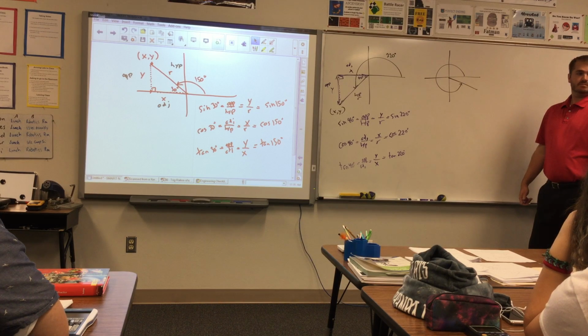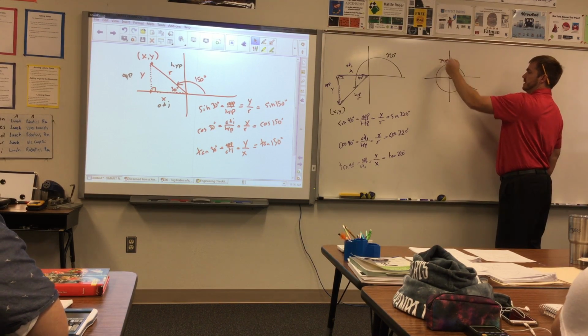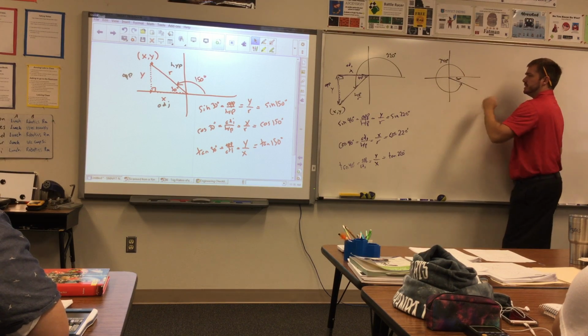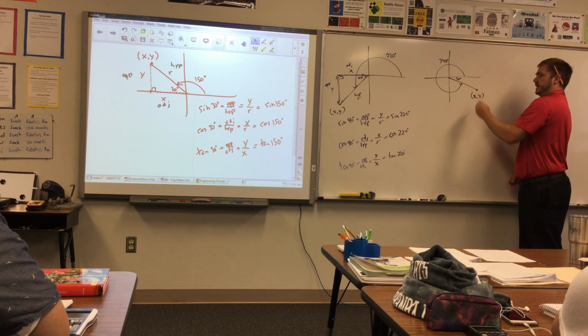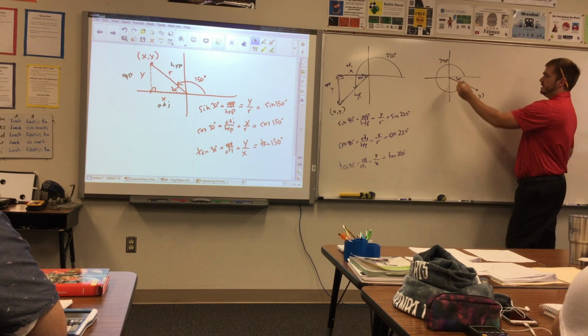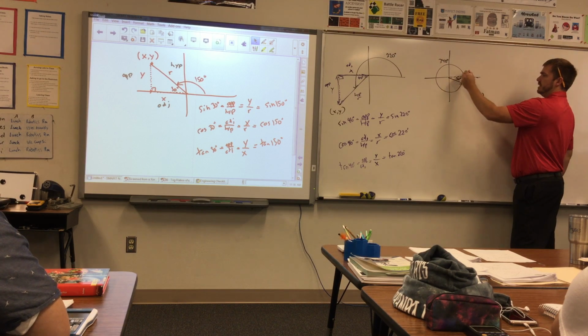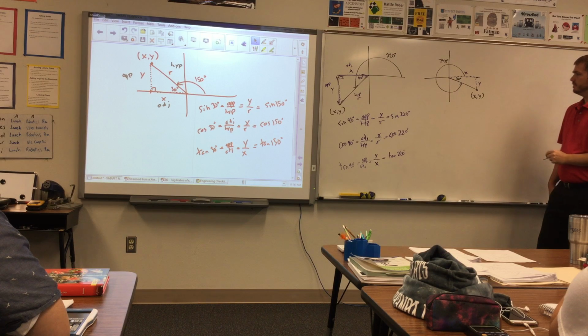What's that? 340, sure. That's going to give me, I think, a 20-degree reference angle. If we stop at coordinate x, y, once again, that means I walk horizontally x and then walk down vertically y.